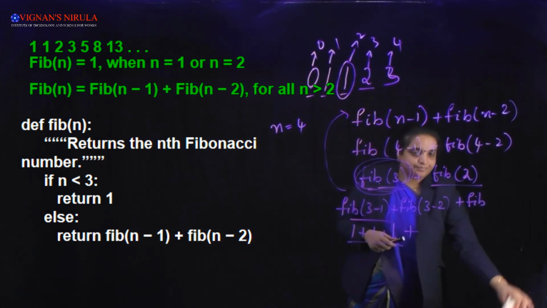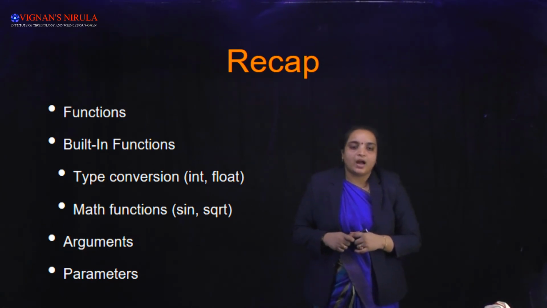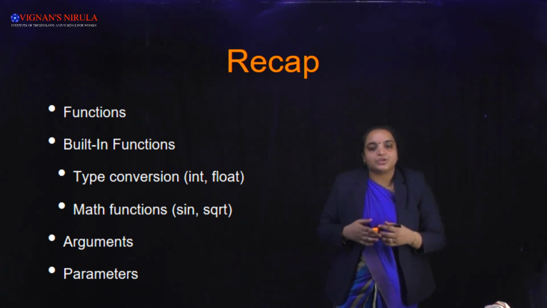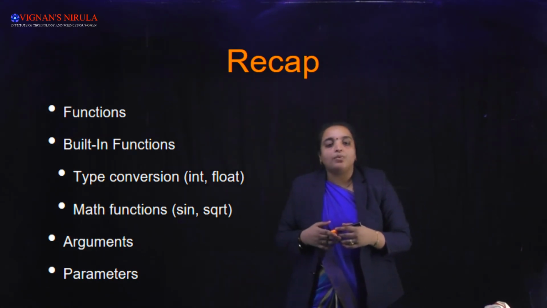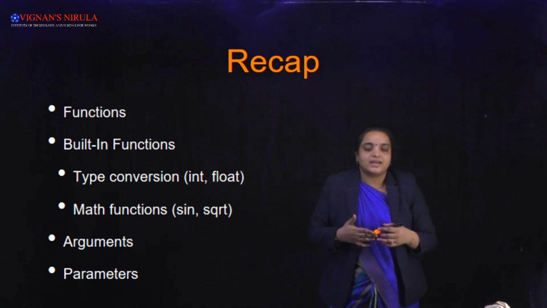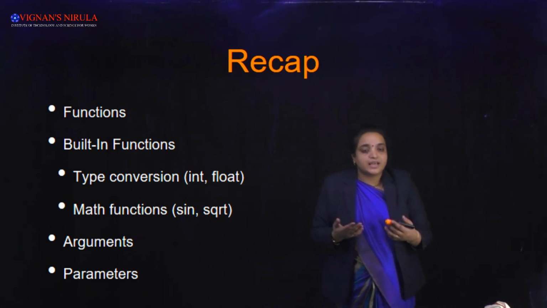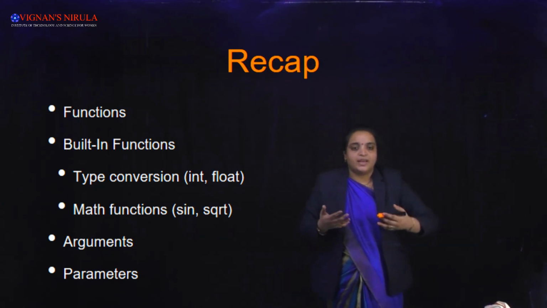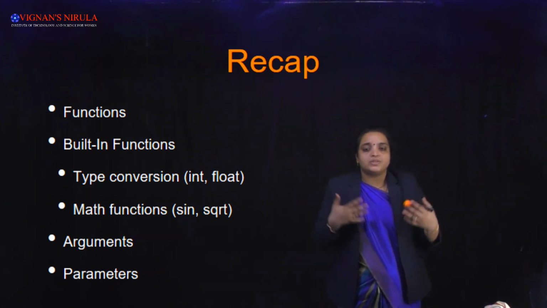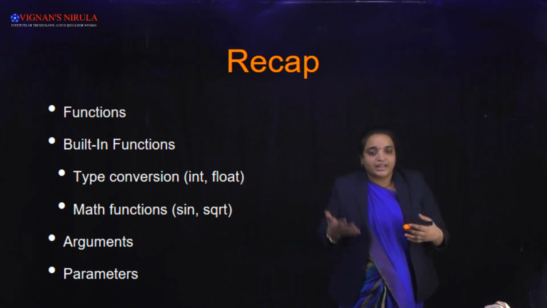Next, let us have a quick recap of what we have discussed today. We have seen how to define a function, and what types of functions we have. We have two types of functions, built-in functions and user-defined functions. We can use built-in functions through type conversions and math functions, like converting a string.